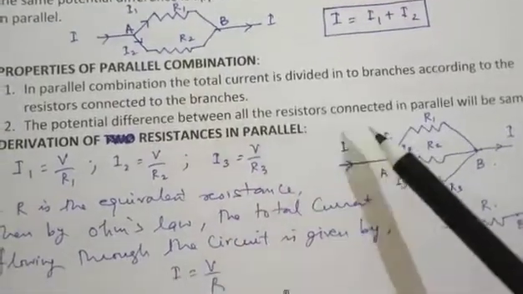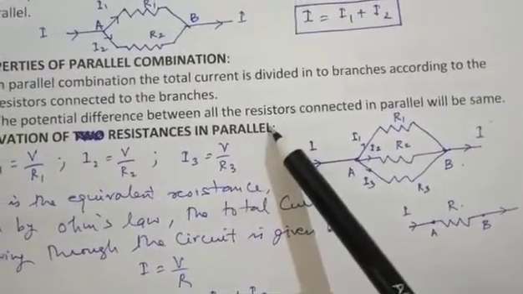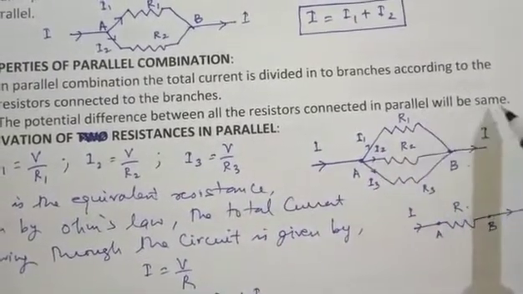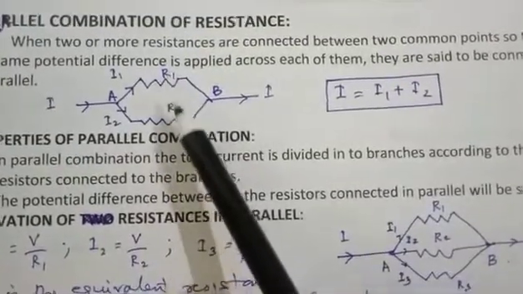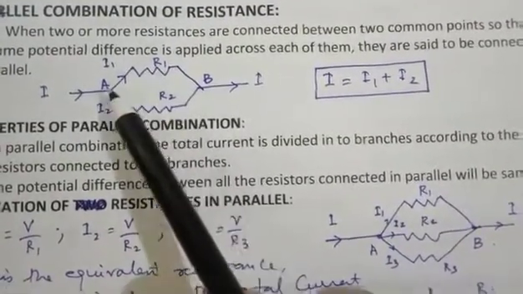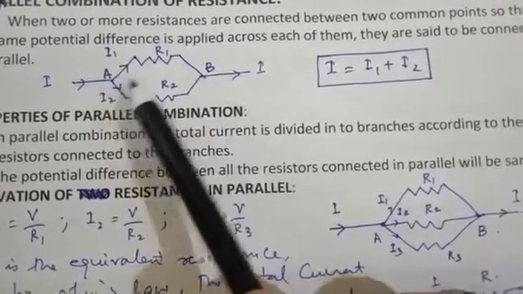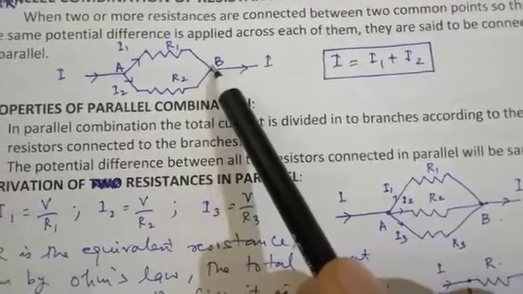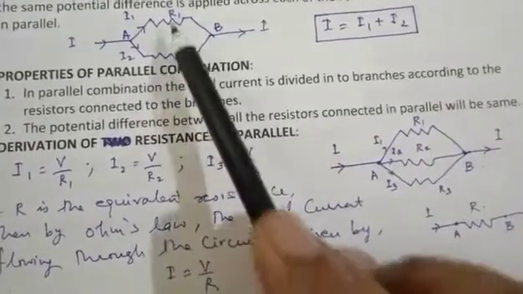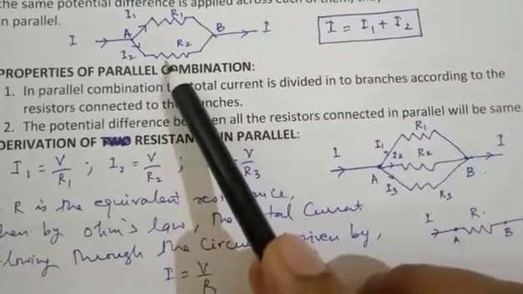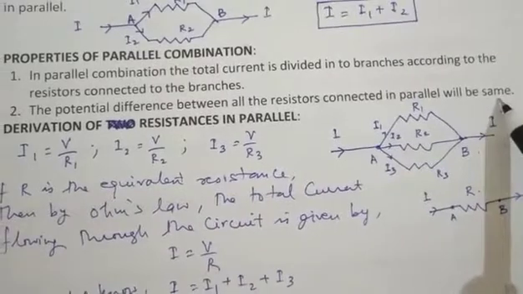The second point is that the potential difference across all the resistors connected in parallel will be the same. It means both the resistors R1 and R2 will have the same potential difference, or the same voltage. So in parallel combinations, we have two properties: the current is divided into branches and all the resistors have the same potential.